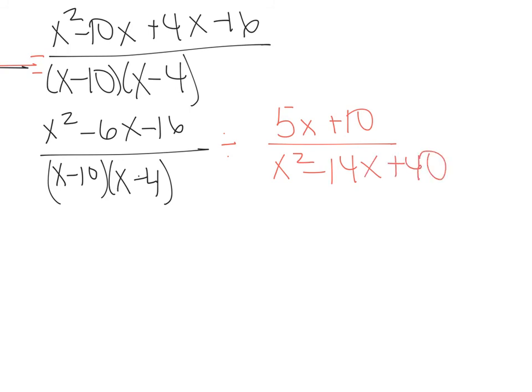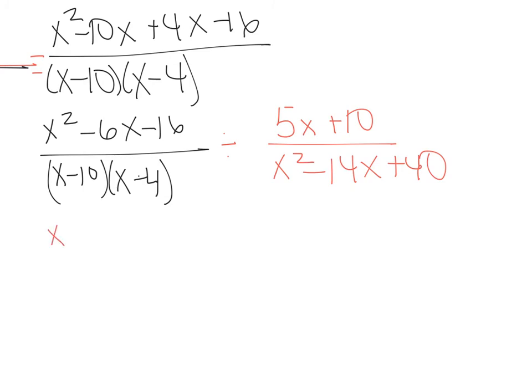So now this is like the other day when we learned about division and multiplication of rational expressions. We just want to make sure everything is in fully factored form, and then we can divide out anything that's the same. Before we even do that though, let's do the keep change flip to change it to multiplication.